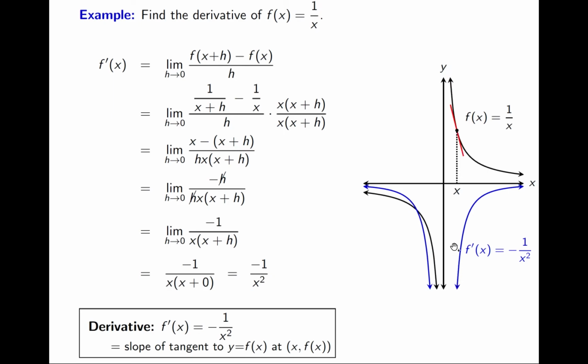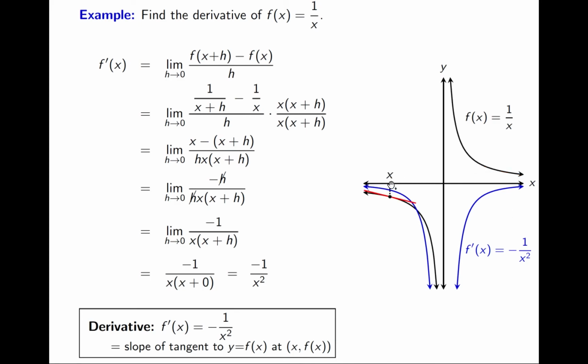But as x gets bigger, that slope remains negative, but it becomes smaller. That tangent line is getting closer and closer to being horizontal. So although it's negative, it's getting closer and closer to slope 0. And you can see the derivative is negative, but getting closer and closer to 0. So this blue derivative is measuring the slopes of these tangent lines.